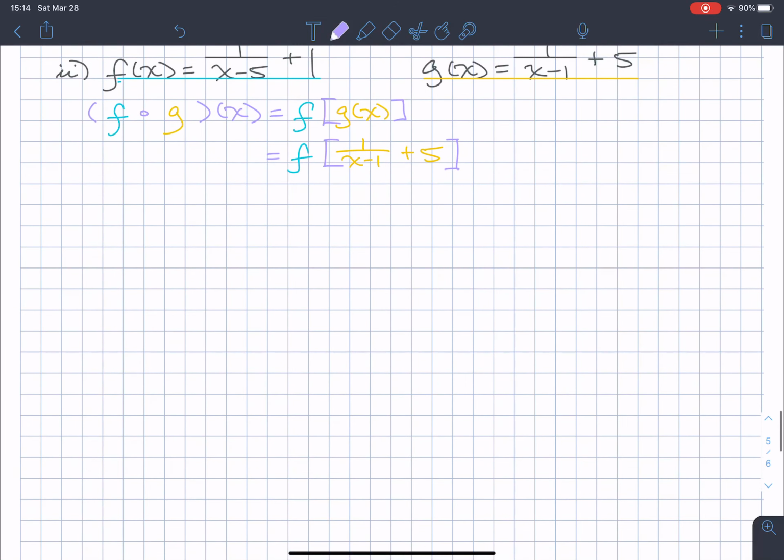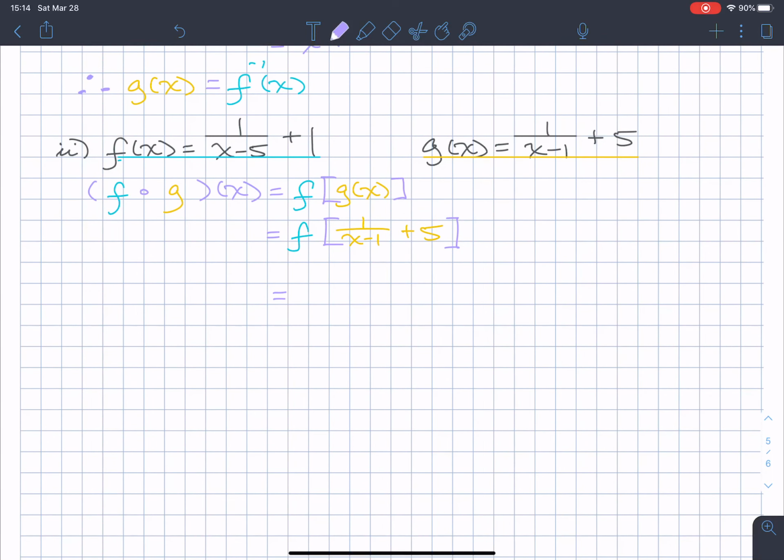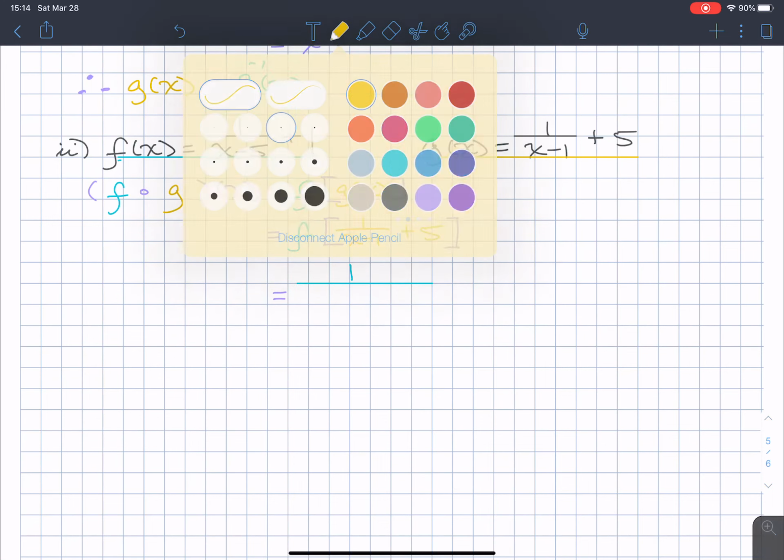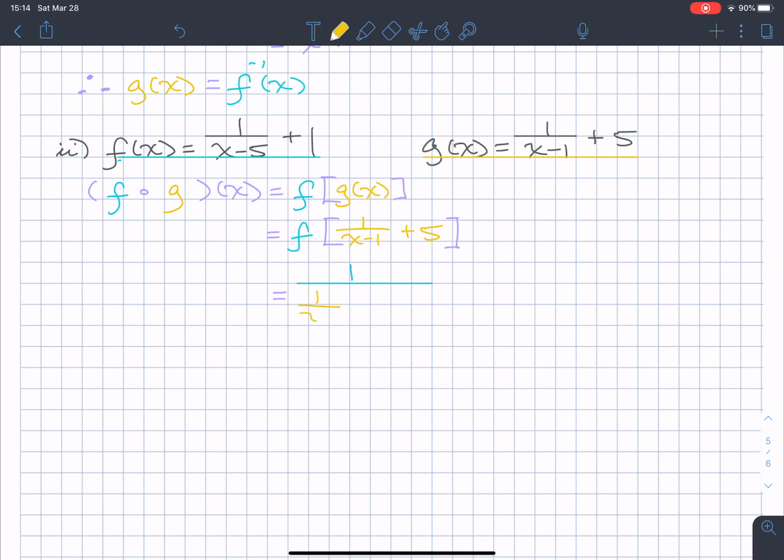Okay, so what does f do with each input? It does 1 over the input minus 5 and then adds 1. So f does 1 over the input, which in this case is 1 over x minus 1 plus 5, and then it subtracts 5 in the denominator, and then it adds 1. That's what f of x does.